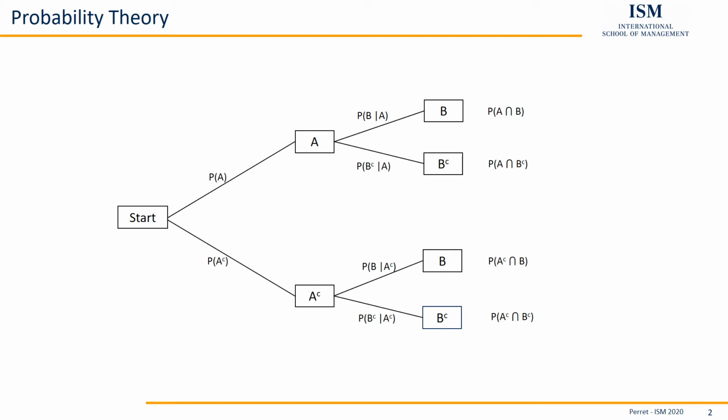The interesting thing is that the probabilities of A and not A, the first two lines, add up to 1. The same goes for the two conditional probabilities of B under the condition A and not B under the condition of A. And finally, this also goes for the four final results on the right.